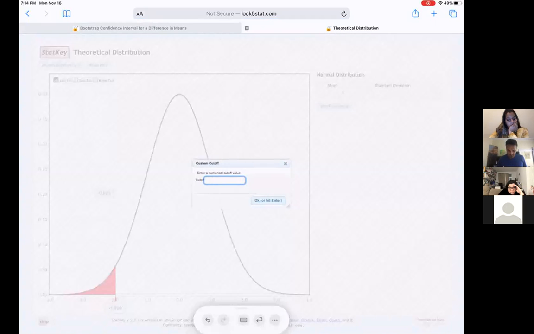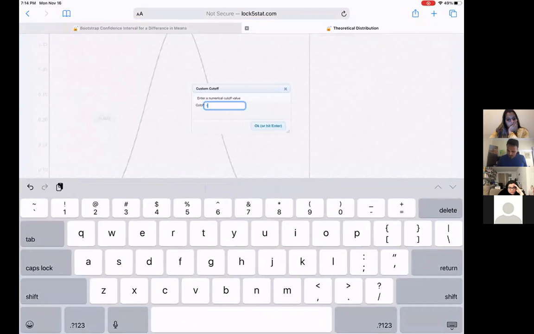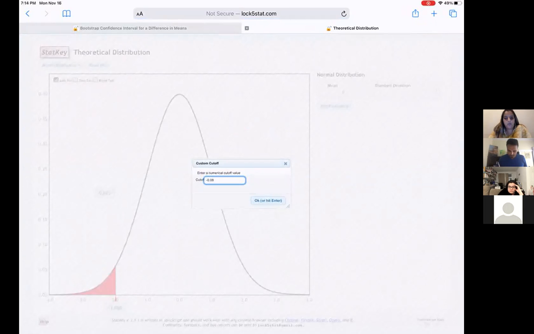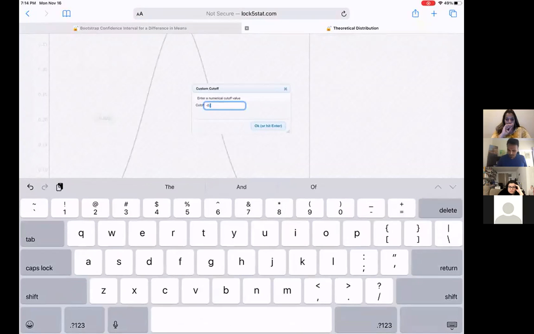So if I change it to negative 0.8, like this? I think it's 0.8.